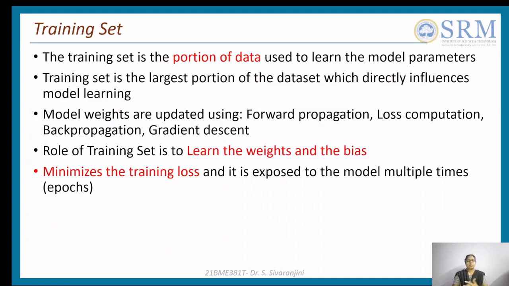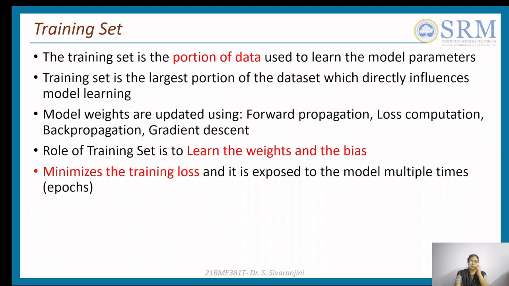So it does a forward propagation and the loss is computed. When the loss is known, it goes back again and recomputes the weights, and the gradient descent decides how much weight should be changed, and then the output is computed, the classification task or the regression task. So the role of the training set is to learn the weights and the bias, which we give along with the inputs.